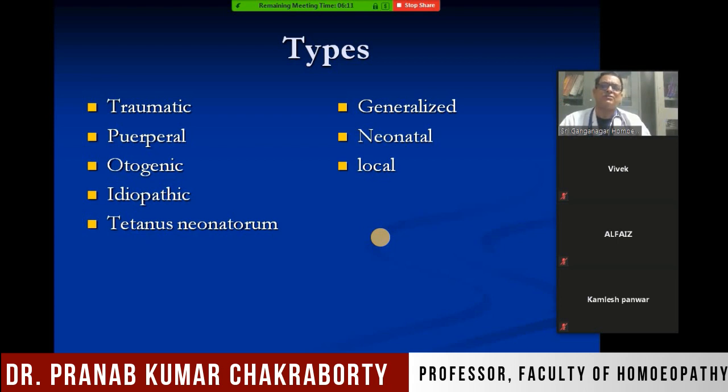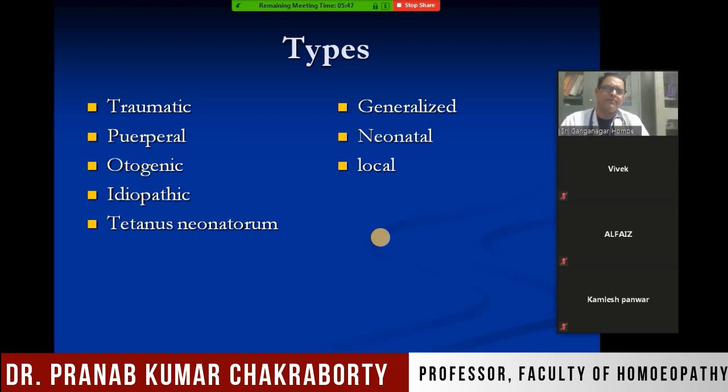That is autogenic. Some are idiopathic. I told you, sometimes there is a small pin prick where the person forgets what happened, or any small nail prick, and it is contaminated. The virulence is low, so the incubation period can be even 1 month or 2 months.